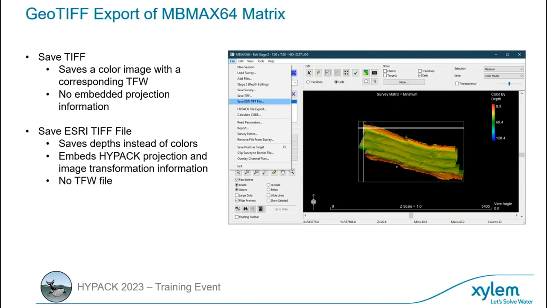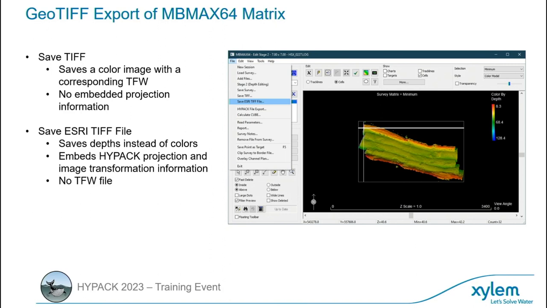So there's an option called Save TIFF, and that just literally prints out whatever colors you have for each cell into the TIFF file, and it will give you a TFW. So it will have the scale, the rotation, and the location. But that one does not have the embedded projection information.